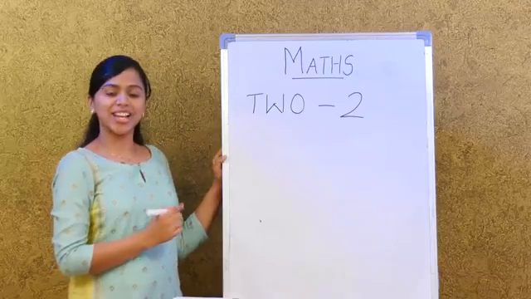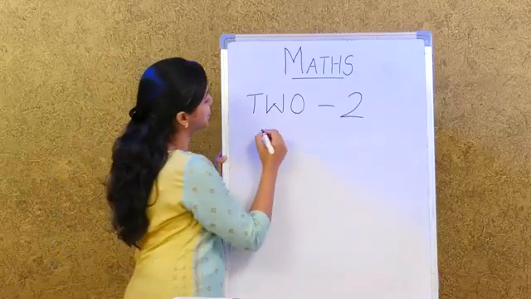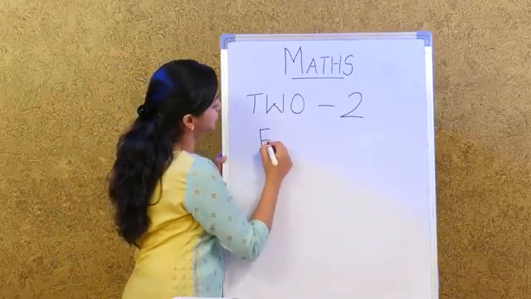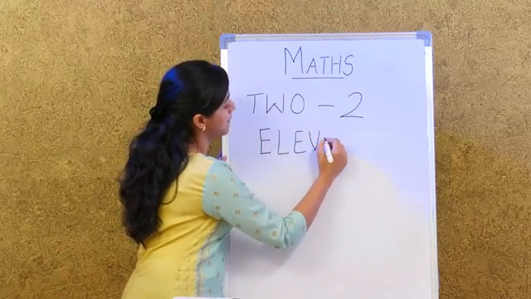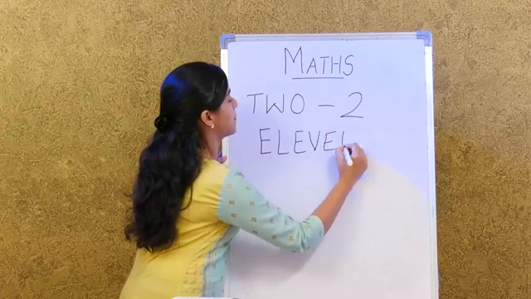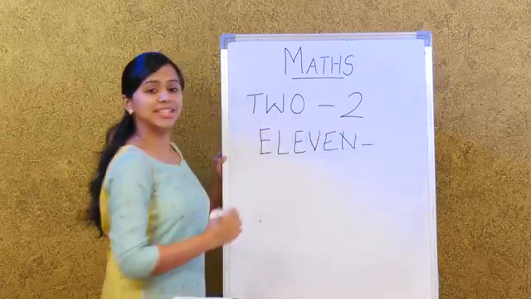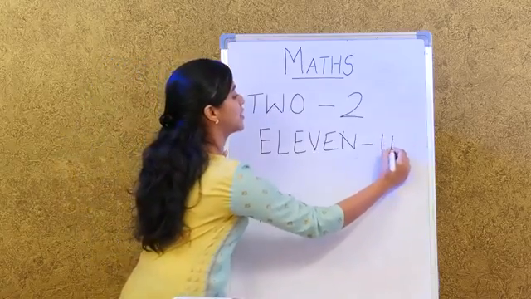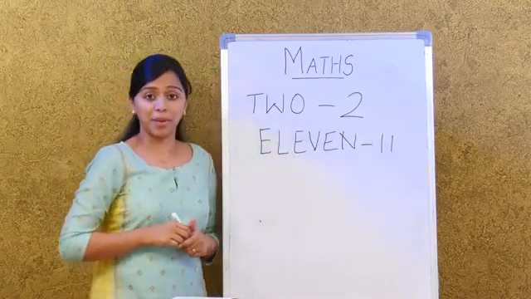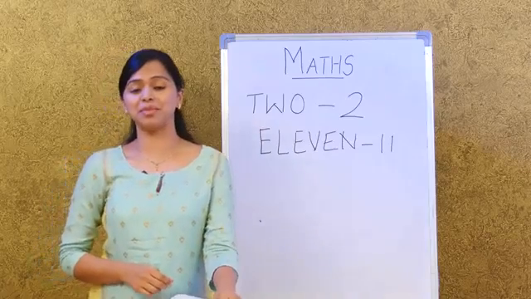Very good. Now let me try another one. What about this? This is 11. Very good. So, I believe you remember all the number names very well.